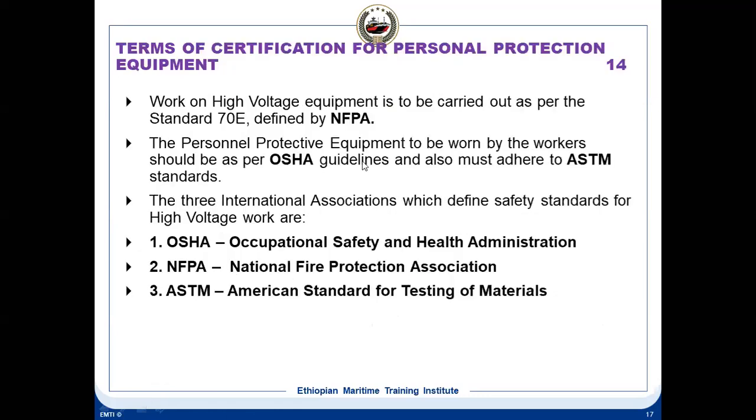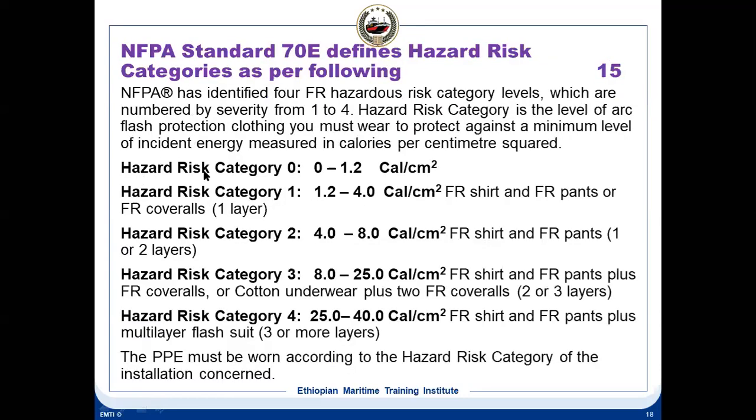Let's see what that is. Different types of risk categories are there: hazard risk category 0, 1, 2, 3, and 4. Based on this, your PPE is to be selected.